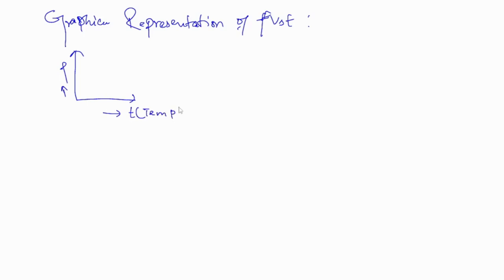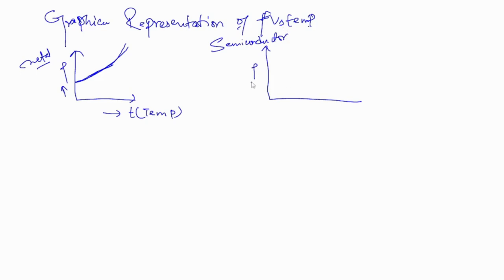Here T is temperature, not time. It will be somewhat like this for metal. For semiconductor, with rho and T, your graph will be somewhat like this.